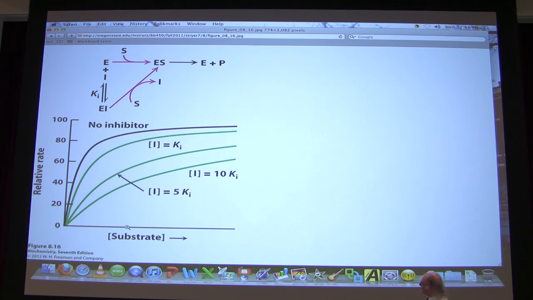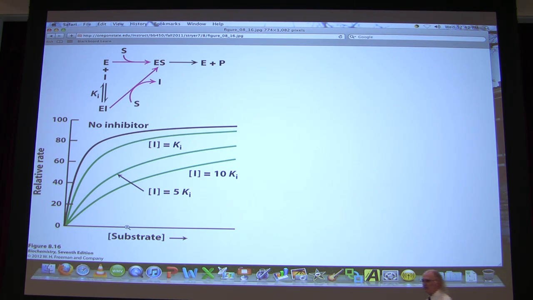Out here, I've got 99.9% of the enzyme active. It doesn't matter. It's essentially 100%. I've out-competed the inhibitor. And that's the important part of competitive inhibition. Competitive inhibition, the substrate outcompetes the inhibitor ultimately at high concentration. The substrate wins. So Vmax does not change if I compare uninhibited versus inhibited enzymes.